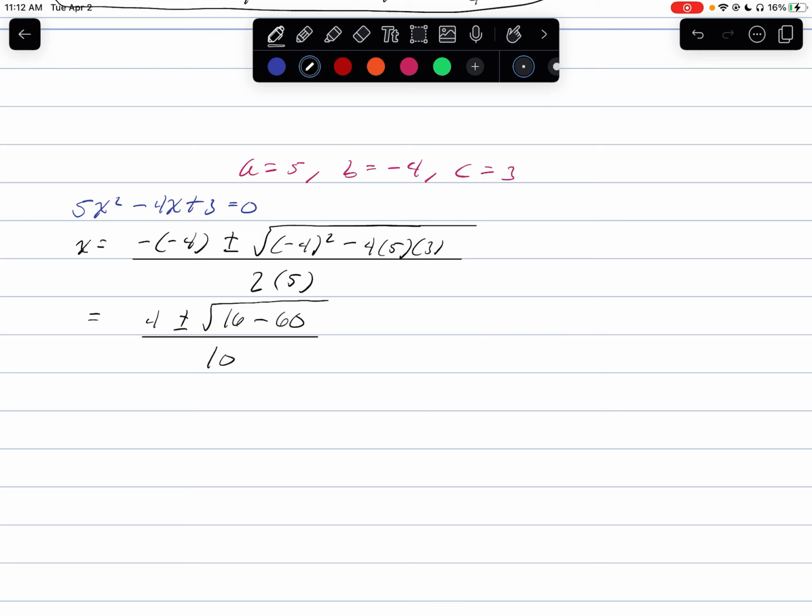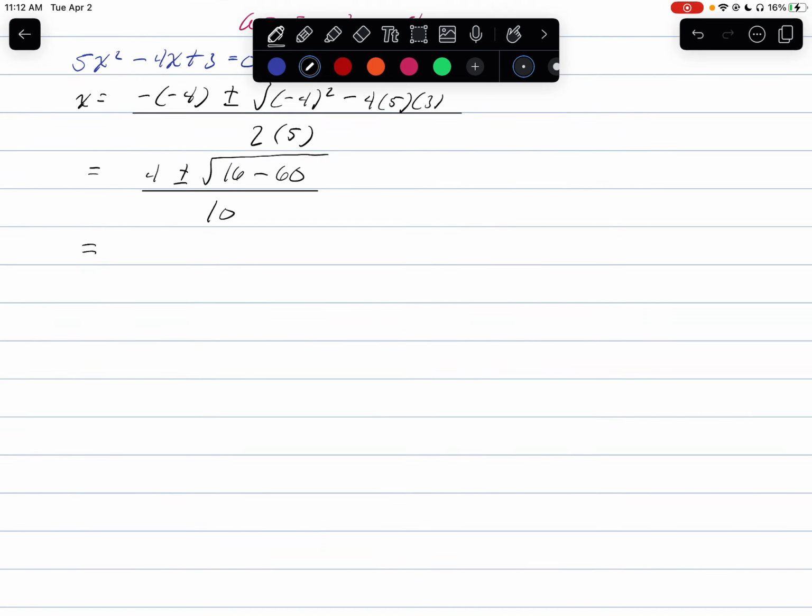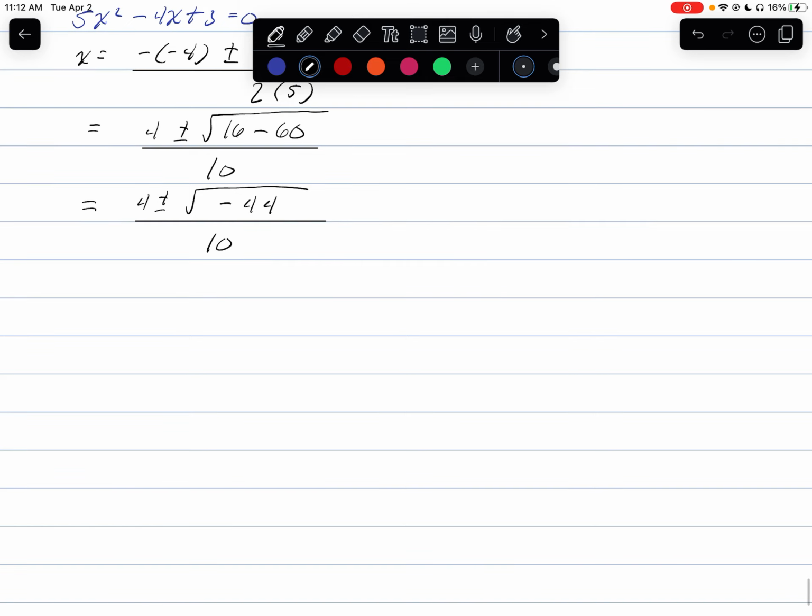If we take this a little further, we're going to have 4 plus or minus the square root of negative 44, all over 10. And then we can go ahead and pull out the i, so to speak. So this will become 4 plus or minus the square root of 44 i, all over 10.